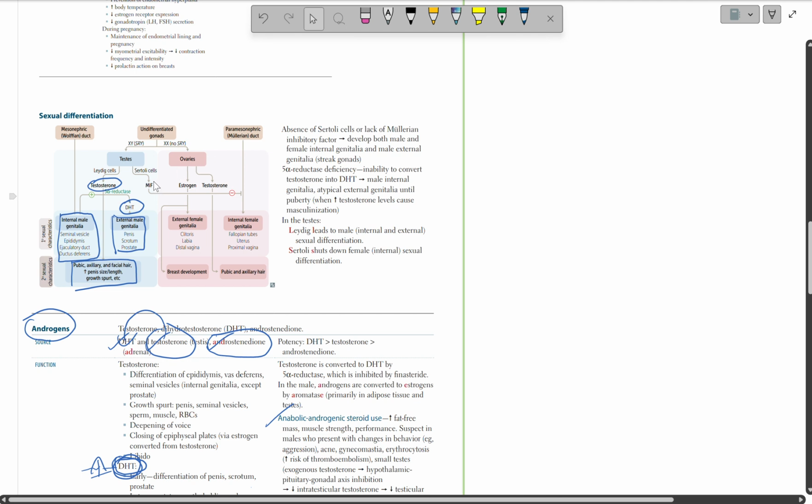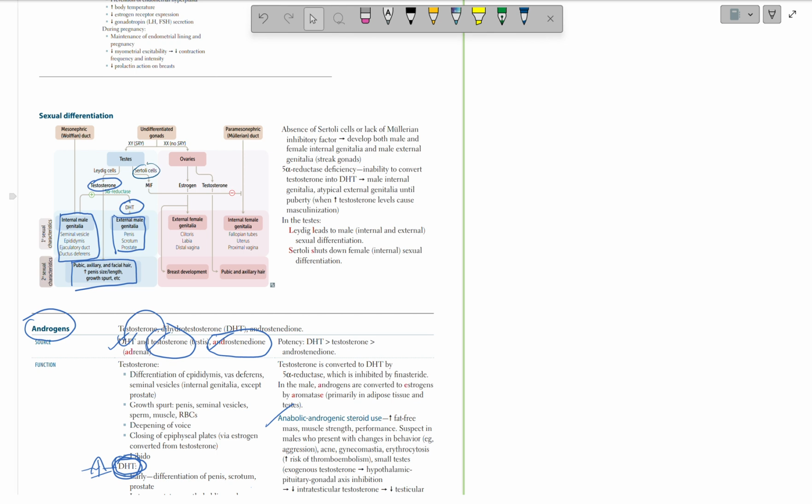The Y chromosome has the SRY gene, and the SRY gene causes formation of the fetal testis.